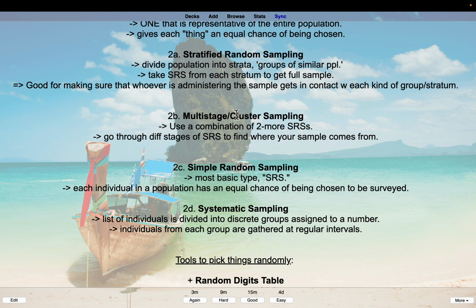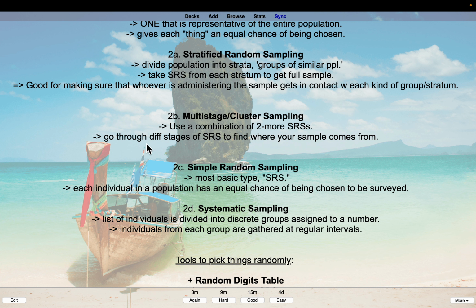2B, cluster sampling uses a combination of two or more, okay, SRS means simple random sampling, not stratified, based here. Two or more simple random samplings are used in cluster.